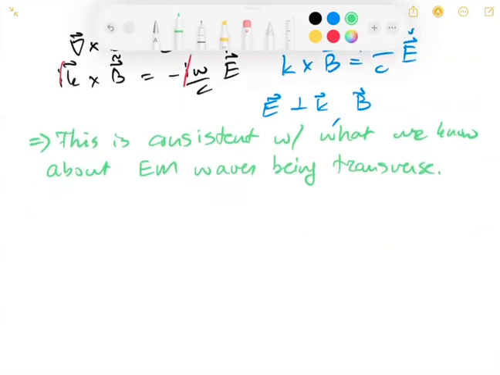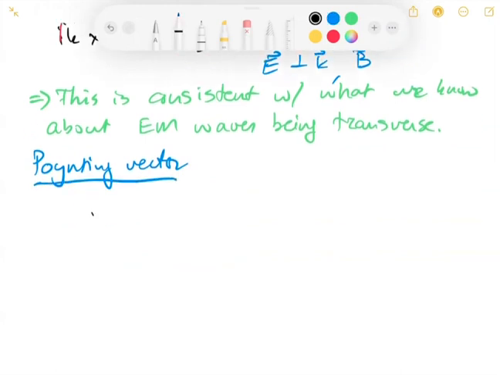Now, let's talk about the flow of energy. So, Poynting vector. All right, so the Poynting vector, of course, we know, S, it's c over 4 pi E cross B. And we can just simply take the Fourier transform of all of these.